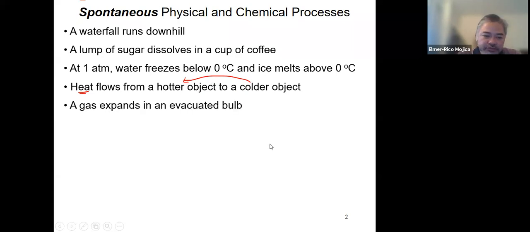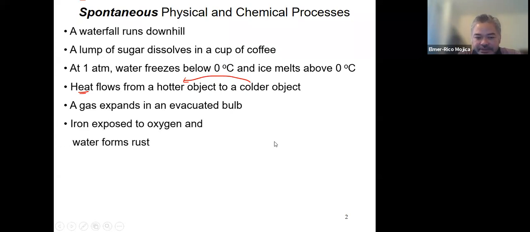And when you have a gas, it always expands into an evacuated vessel. And if you have a metal like iron and you expose it to oxygen and water, it spontaneously forms rust. So what other spontaneous thing can happen that we can apply in this course?